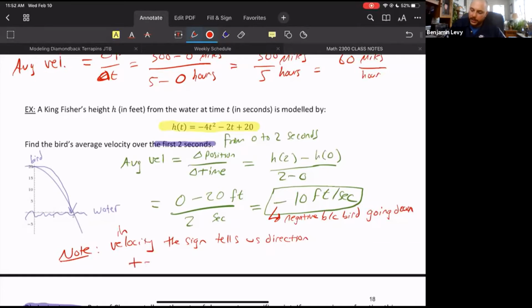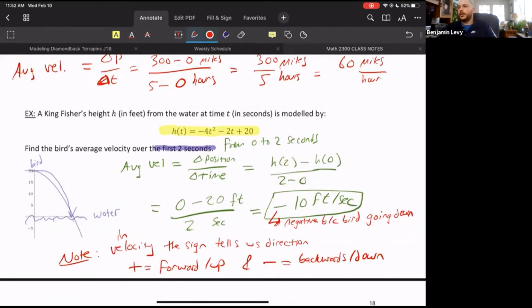Usually positive means forward or up, and usually negative means backwards or down. Like in the going to Philadelphia example, 60 was positive because we're in Fitchburg and we're moving towards Philadelphia. But if we went the other way, maybe it would be a -60 because it would be going backwards towards Fitchburg, something like that.